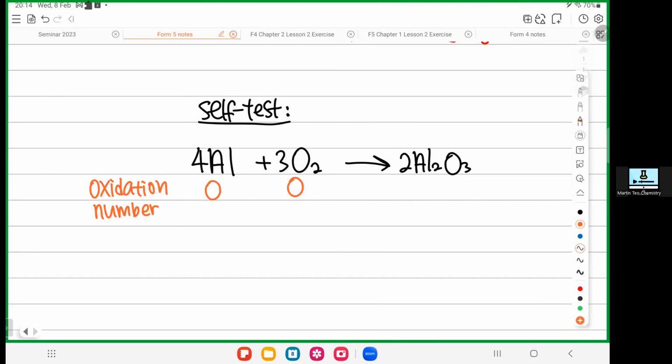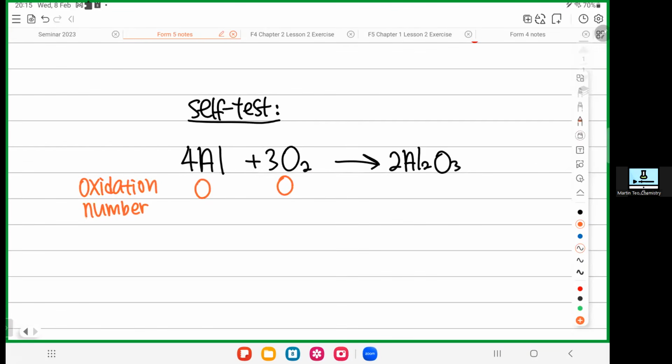Tell me the oxidation number for the aluminium over here. Very good, +3, because we know the charge of aluminium is Al 3+. When you know the charge, the oxidation number just copies the charge, so +3.